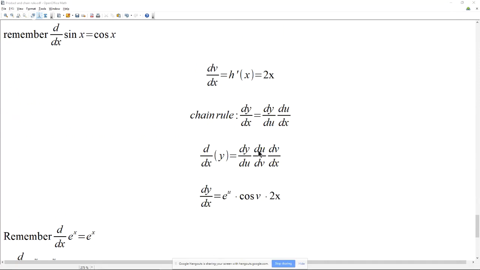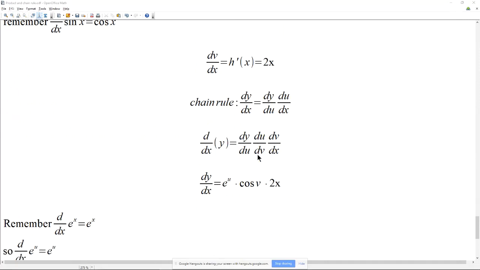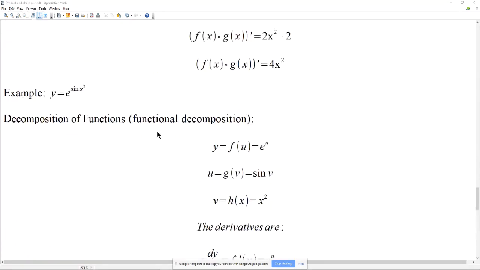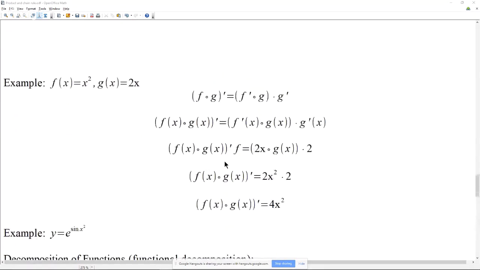So when you have three or more, you just multiply the derivatives together. If you have two, you do f of g of x times g prime of x.